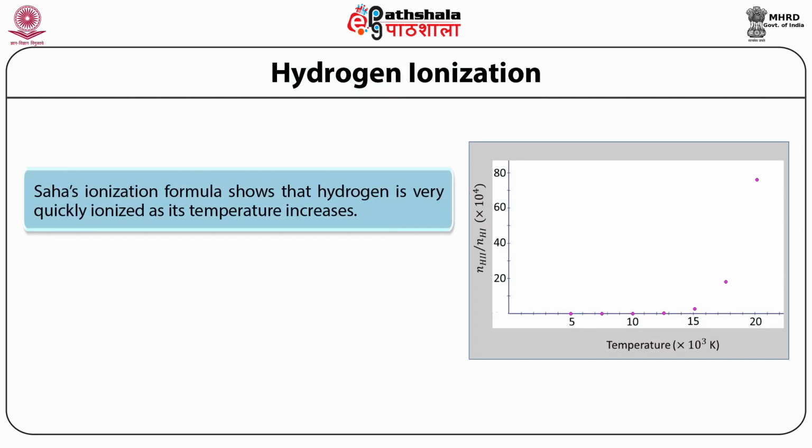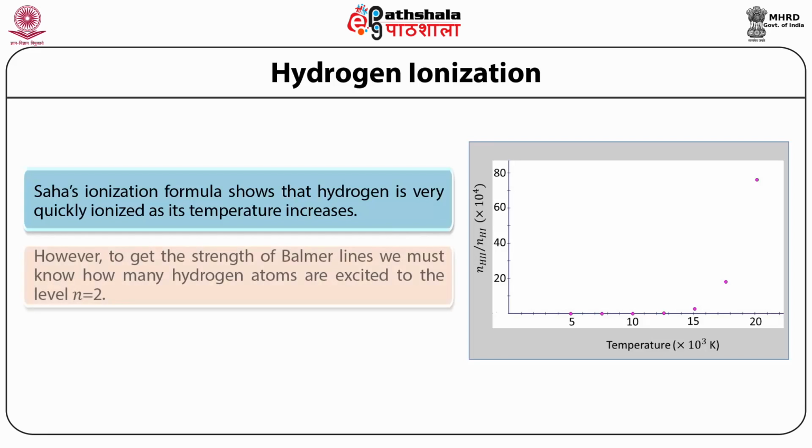Hydrogen ionization. Saha's ionization formula shows that hydrogen is very quickly ionized as its temperature increases. However, to get the strength of Balmer lines, we must know how many hydrogen atoms are excited to the level n equals 2.